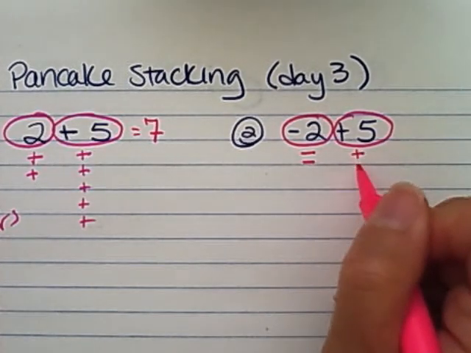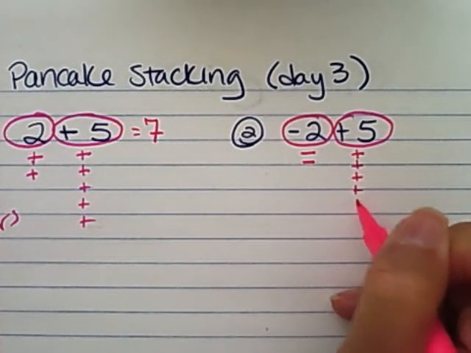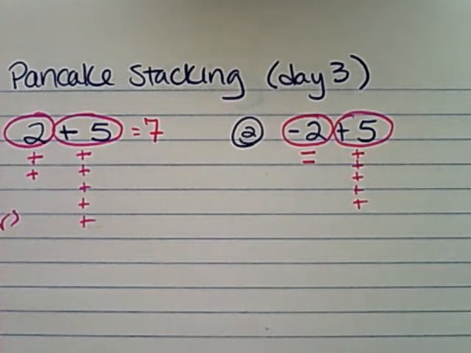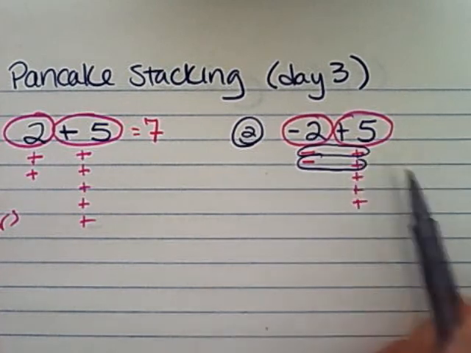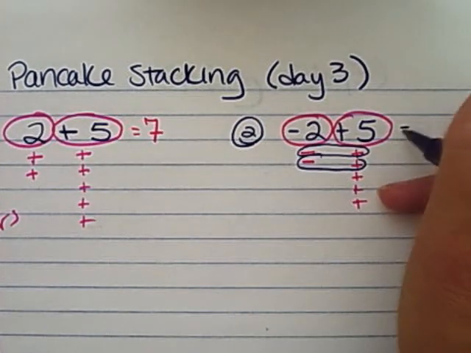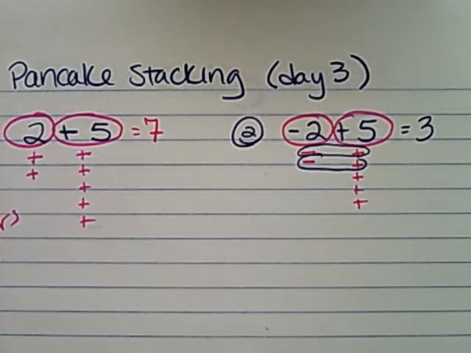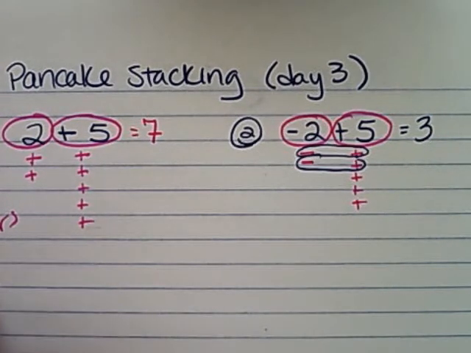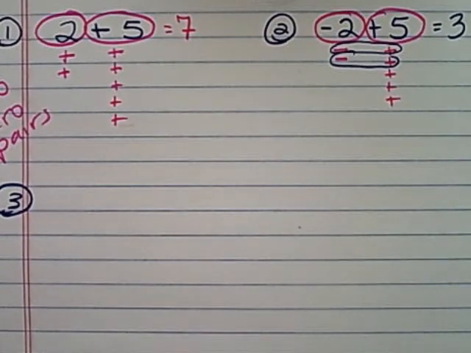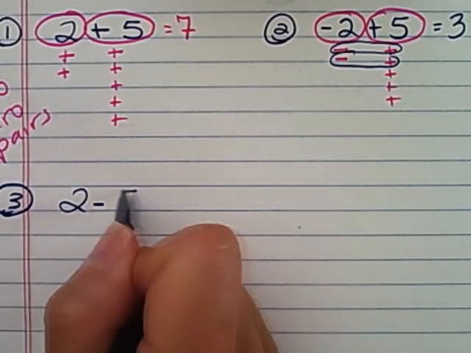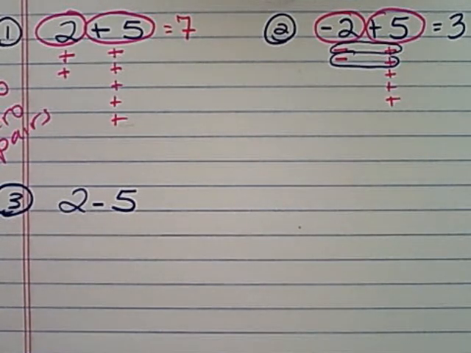And then positive 5, 1, 2, 3, 4, 5, which is 5 positive signs to represent the positive 5. This time I do have 0 pairs, so what's left is 3 positives, so positive 3. Again, this is a pretty typical problem, just like you've seen before. Problem number 3. I'm just showing you a bunch of really typical problems that you've seen in the past and you're really pretty good at.